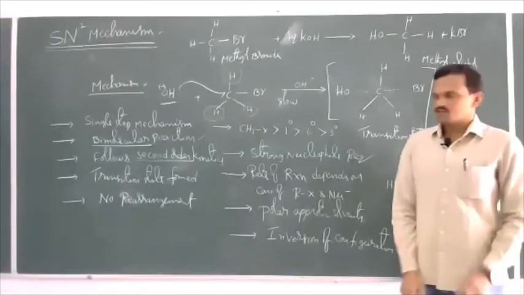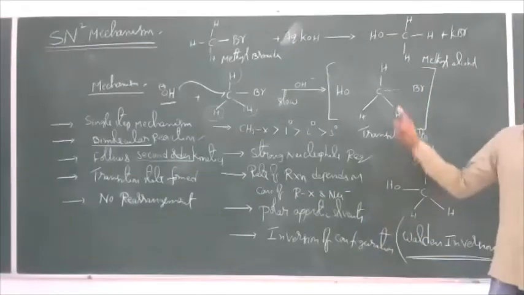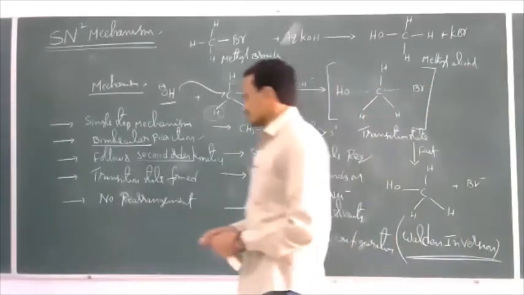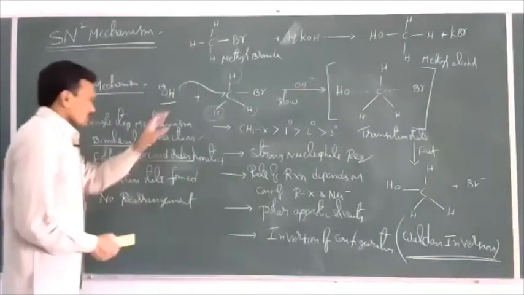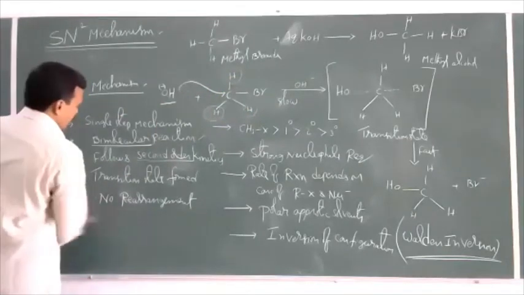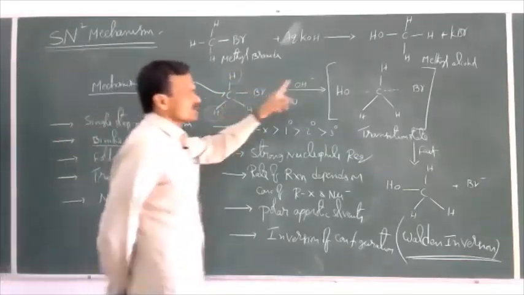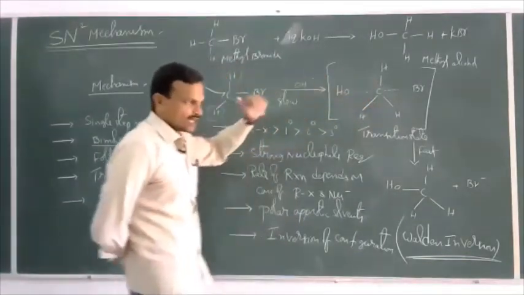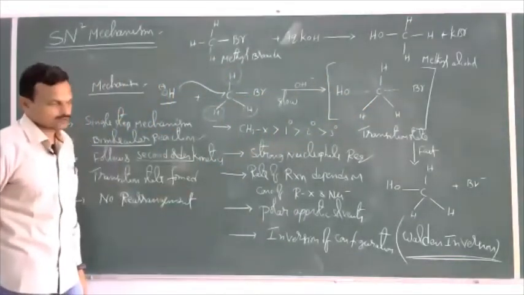And this reaction takes place through the formation of a transition state. After formation of the transition state, no rearrangements are possible. Without any rearrangement, the product formation takes place.